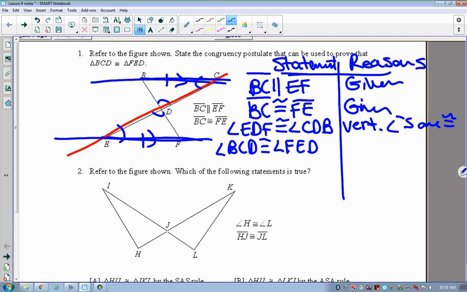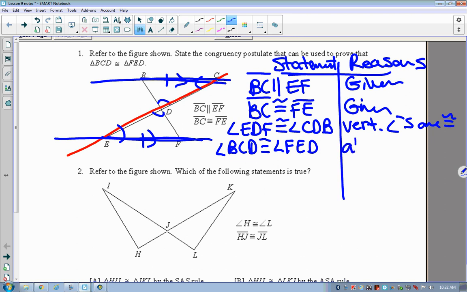Two parallel lines cut by a transversal have what? What are these two angles to each other? On that list of three things, what are those two angles? Alternate exterior. So they're outside the parallel lines. They're alternate interior angles.